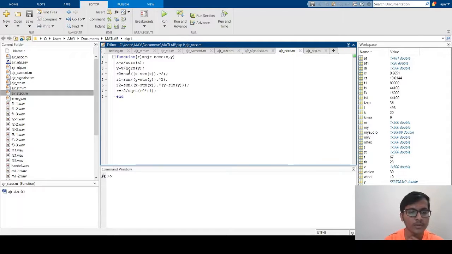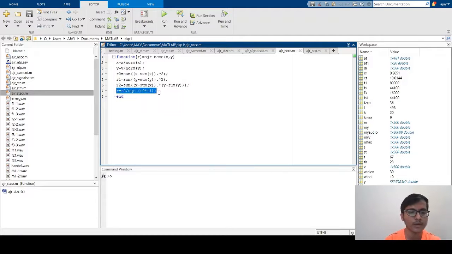Y equal to y by norm of y, where norm of y means the normalized value of y. So here r equal to 0, sum of x minus xm whole square, x minus sum of x whole square. R1 means sum of y minus sum of y whole square. R2 means the sum of x minus sum of x into y minus sum of y.